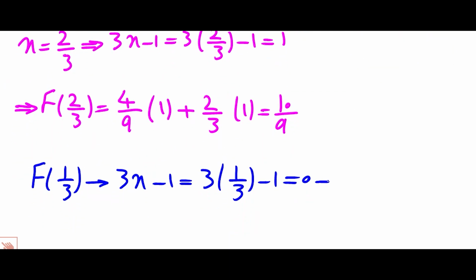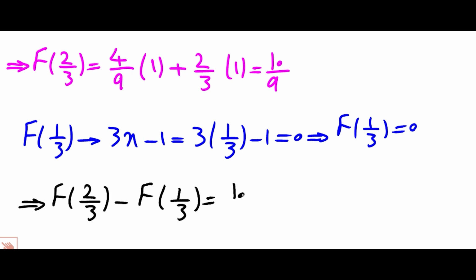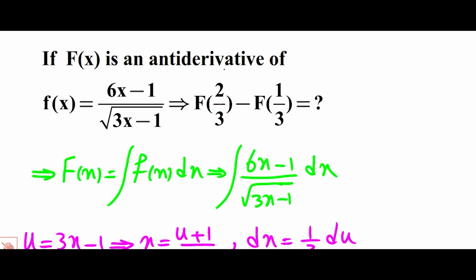So F(1/3) equals 0. So the final answer is F(2/3) - F(1/3) equals 10/9. So we have 10/9.